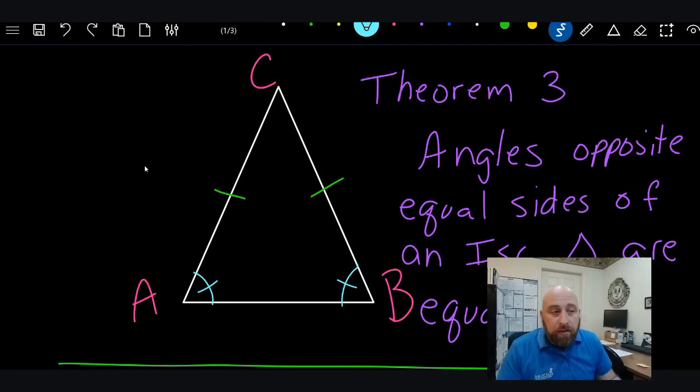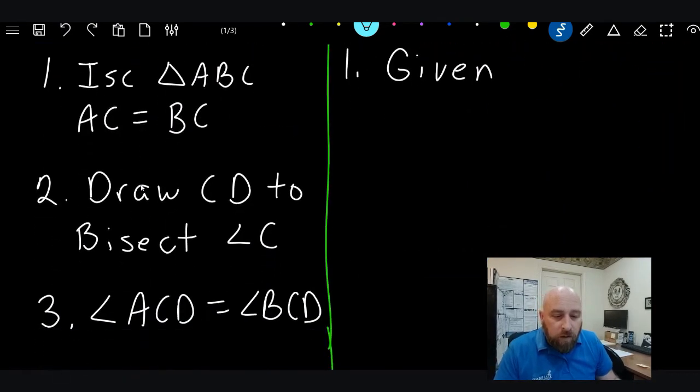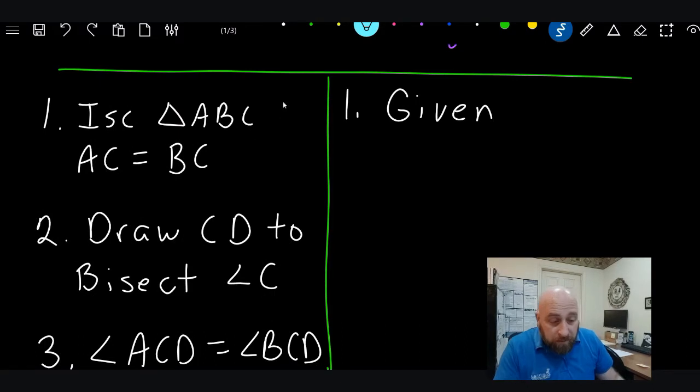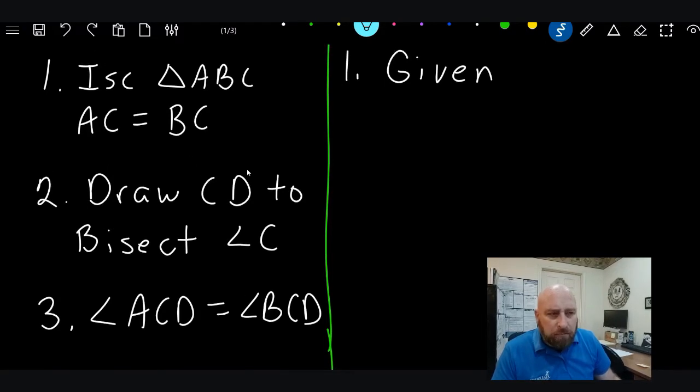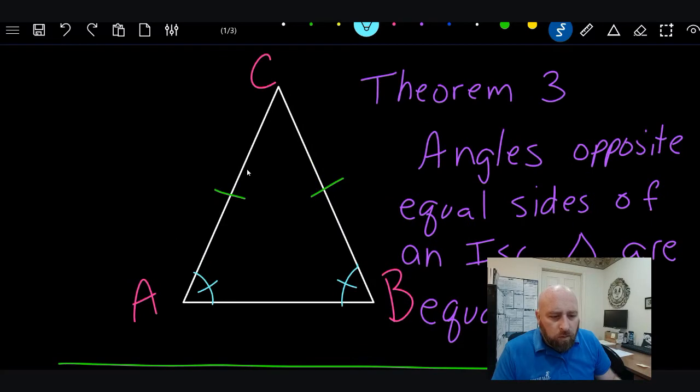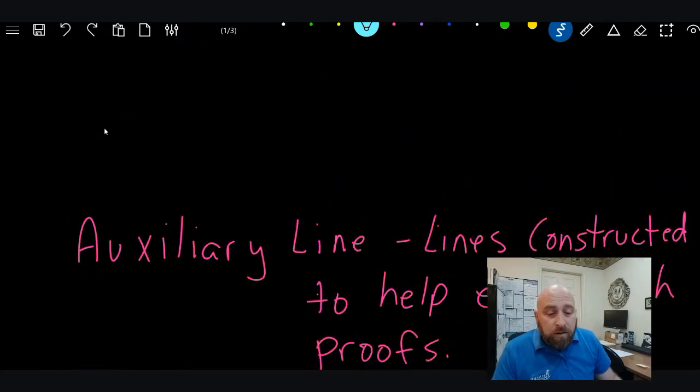So how did he do it? Number 1, he wrote given. Number 2, he drew CD to bisect angle C. Wait, what? Where's CD? I don't see CD. It's not there.